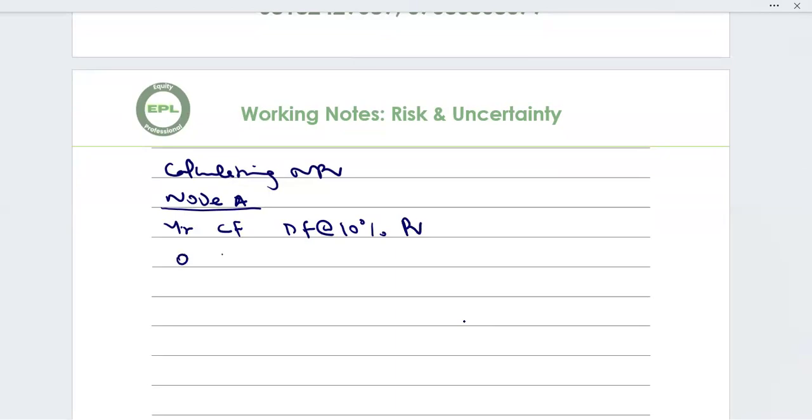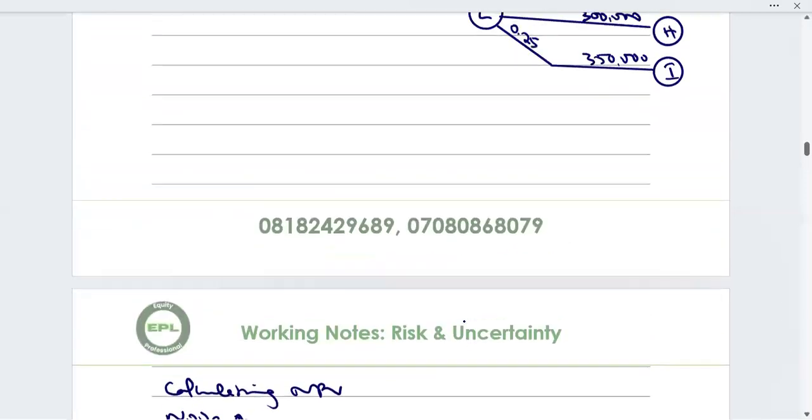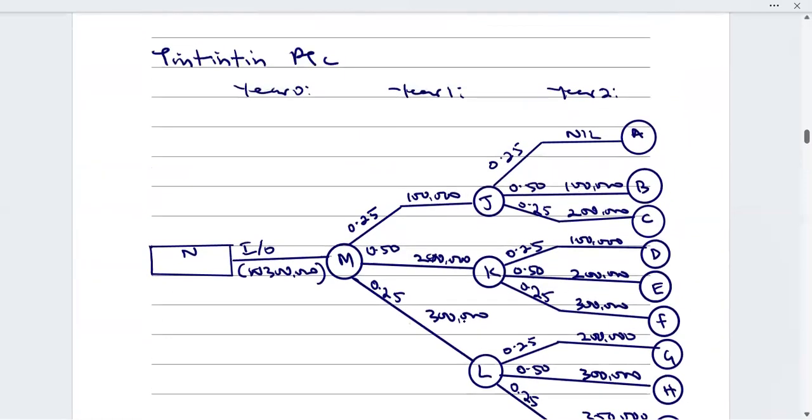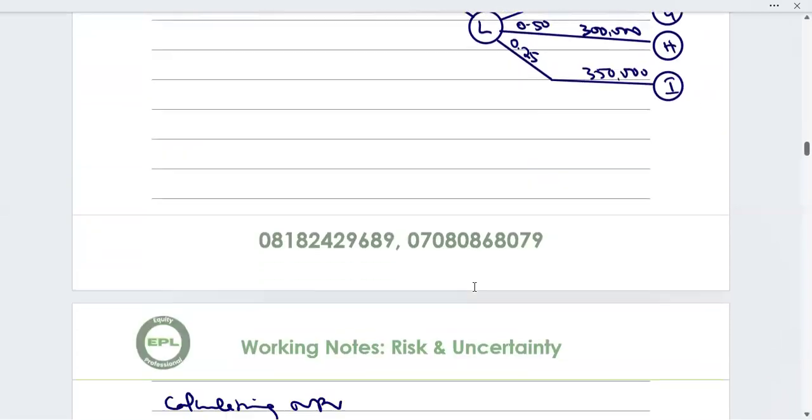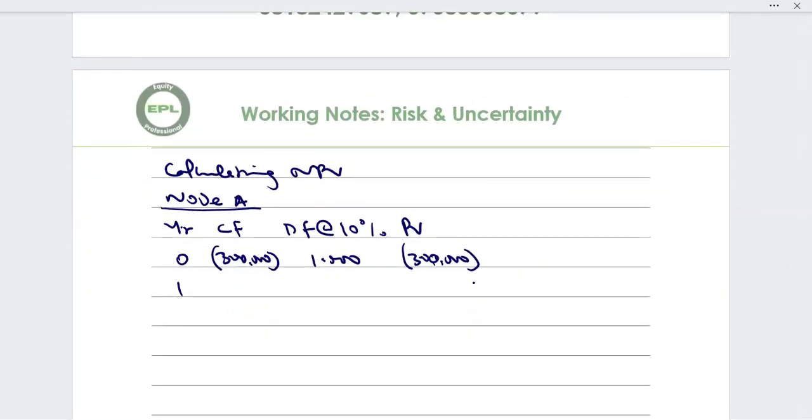Year 0: the initial outlay of the project is 300,000. We want to invest 300,000. Here is 1. 300,000. Year one cash flow for node A: the cash flow of node A is 100,000. Here is 100,000.